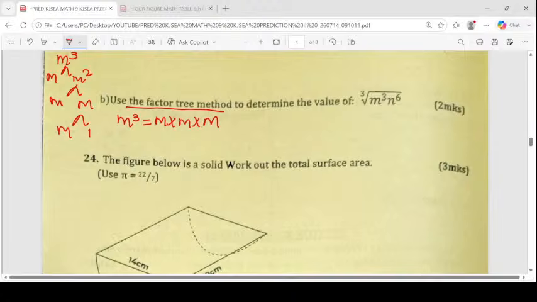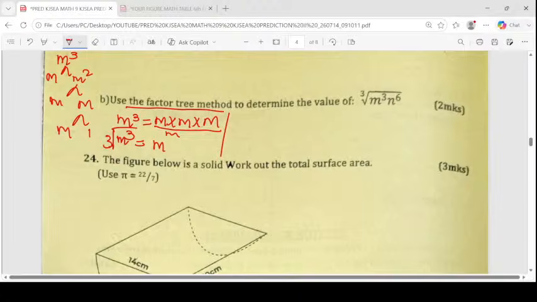So once we have it that way, then it means the cube root of m cubed, you are going to combine all of these into 3's, then pick one m. So the cube root of m cubed is m.